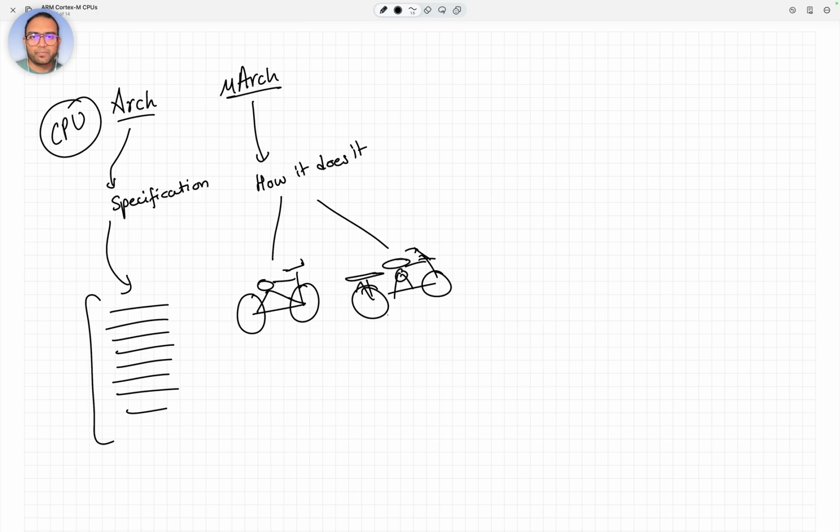The handles would be different. The braking mechanism would be different. Do you want to use a chain to transfer the power to the wheel, or some sort of a rotary mechanism, whatever. These choices are made by the designers, and the physical outcome of that design is called the microarchitecture. So an architecture is just a description, a microarchitecture is the real thing.